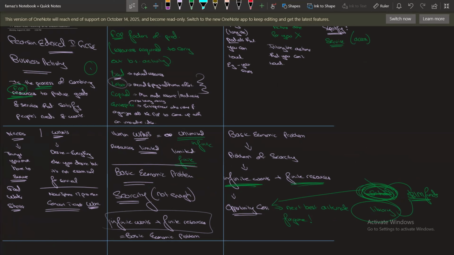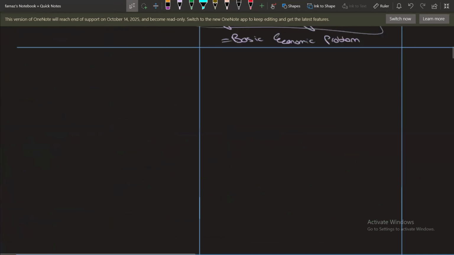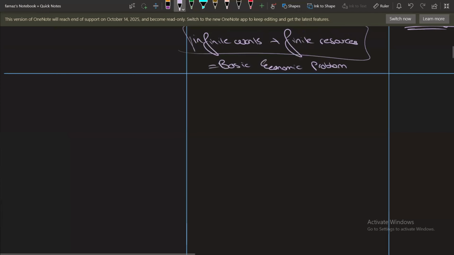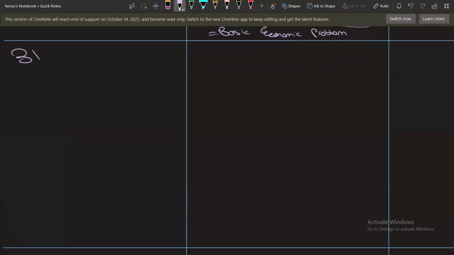Let's move forward. Now, the next part is types of business. Three types of businesses that we have in our chapter. The types of businesses based on their purpose. Okay? Every business has a different purpose. You have to see which type of enterprise or which type of business you're doing.